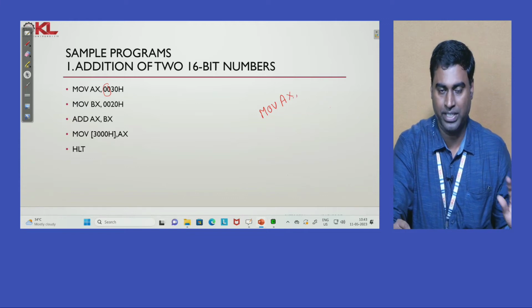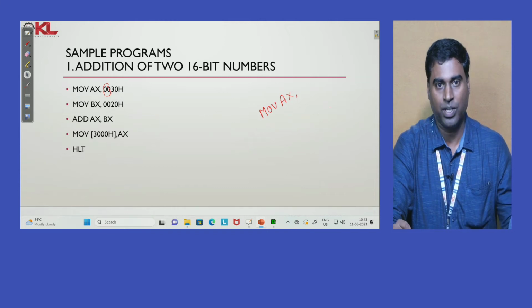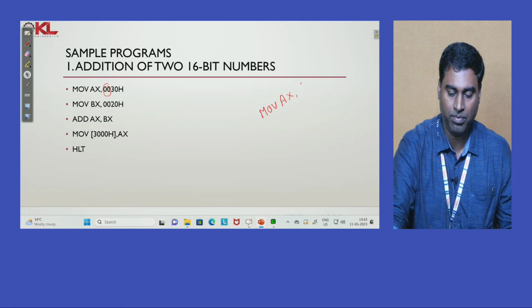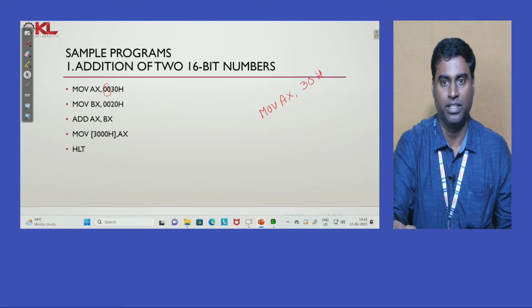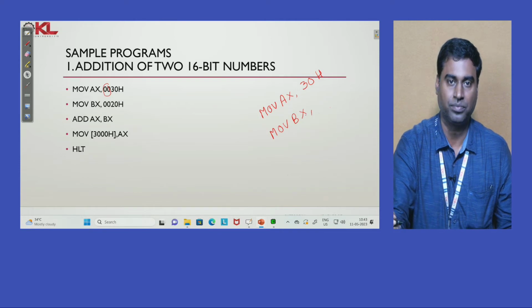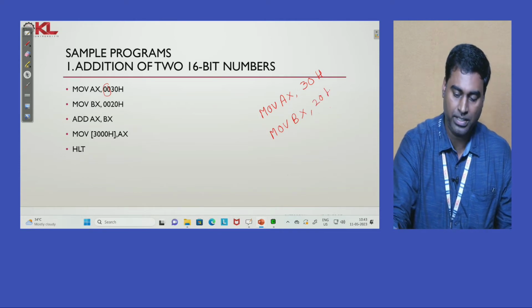We already know the general purpose registers: accumulator, base register, count register, data register. So first I am taking 30H to the accumulator. Second, I have to get the second number. The second number I am getting in BX. 20H I am getting.